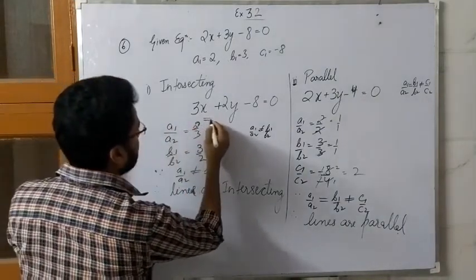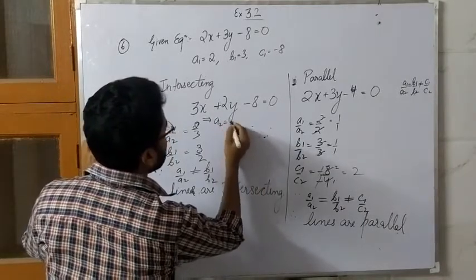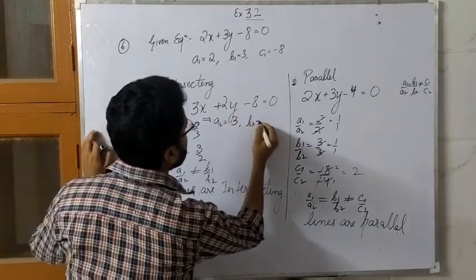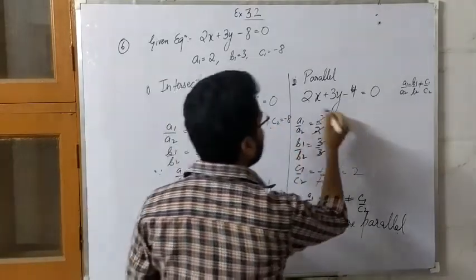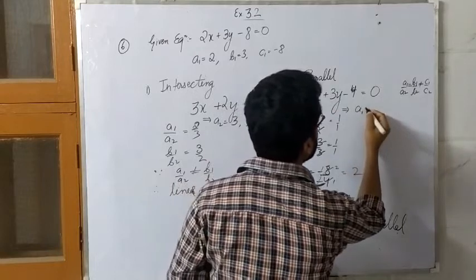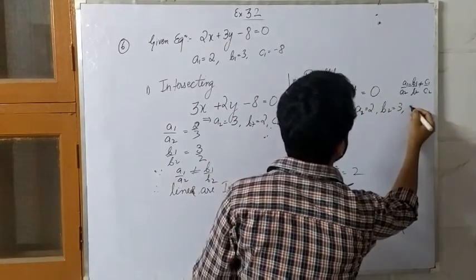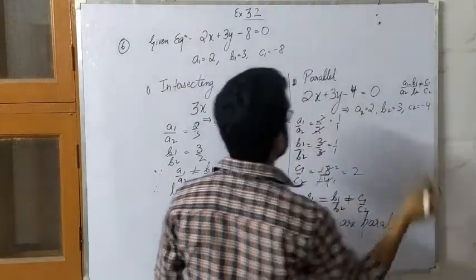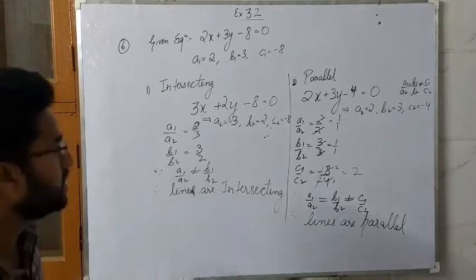After this very step, you need to tell that a2 is what? 3, b2 is 2, and c2 is -8. Similarly, here also you will tell a2 equals to 2, b2 equals to 3, and c2 equals to -4, right? So we have understood this thing.